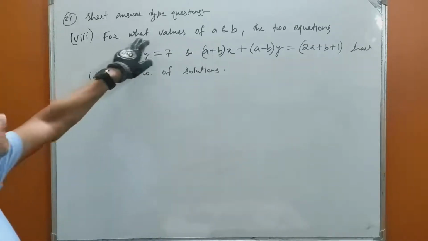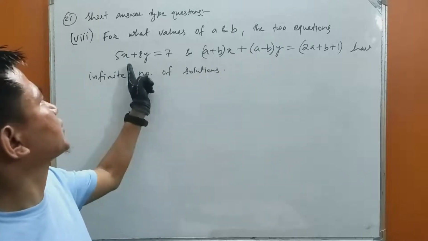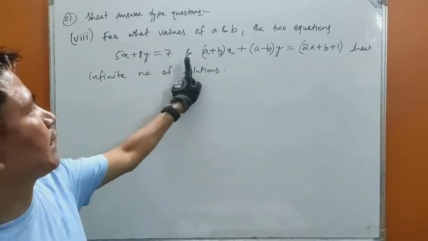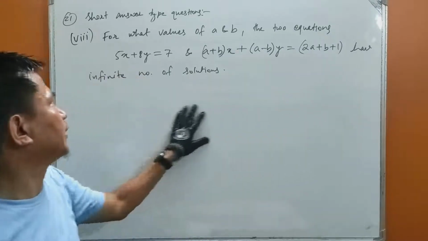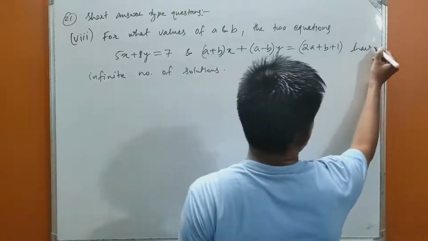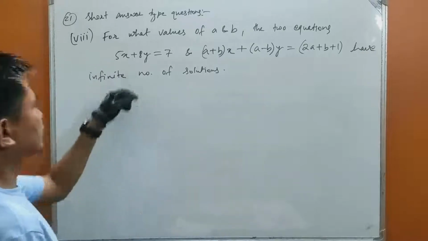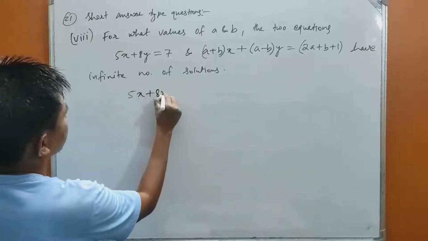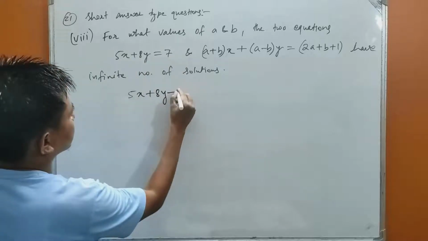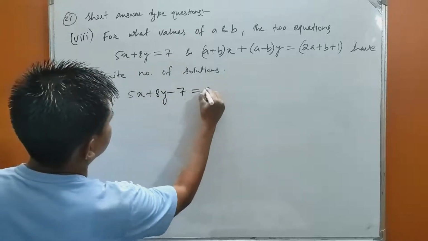Number 8, for what values of a and b do the two equations 5x plus 8y equal to 7 and a plus b x plus a minus b y equals 2a plus b plus 1 have infinite number of solutions? Okay, let us rewrite these equations. 5x plus 8y, let us bring this 7 to the left hand side, minus 7 equals 0.